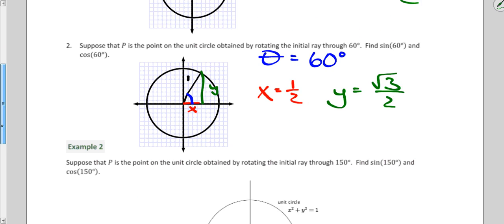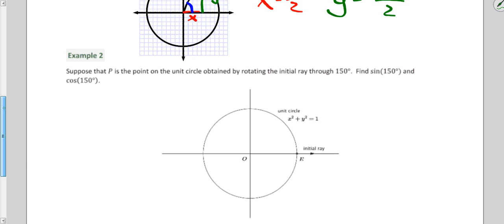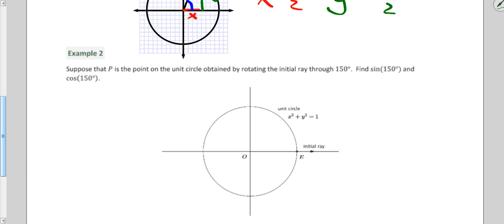All right, now we're going to say P is a point on the circle obtained by rotating the initial ray through 150 degrees. If I rotated it this far, how far would that be? 90, right?